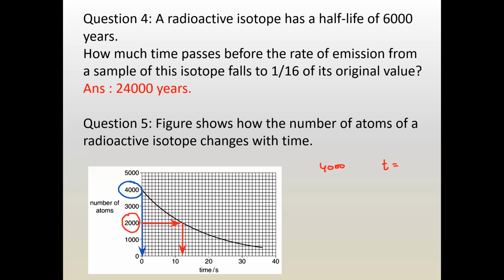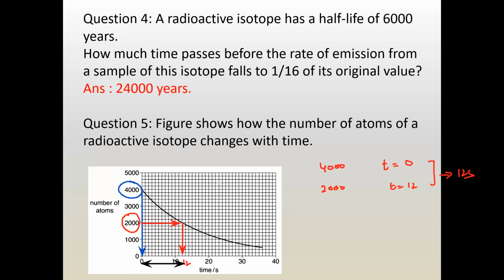When it changes to 2,000, the time will become 12. So what is the time interval? It is 12 minus 0, which equals 12 seconds. So the half-life, the time taken by half of the sample to disintegrate, is equal to 12 seconds.